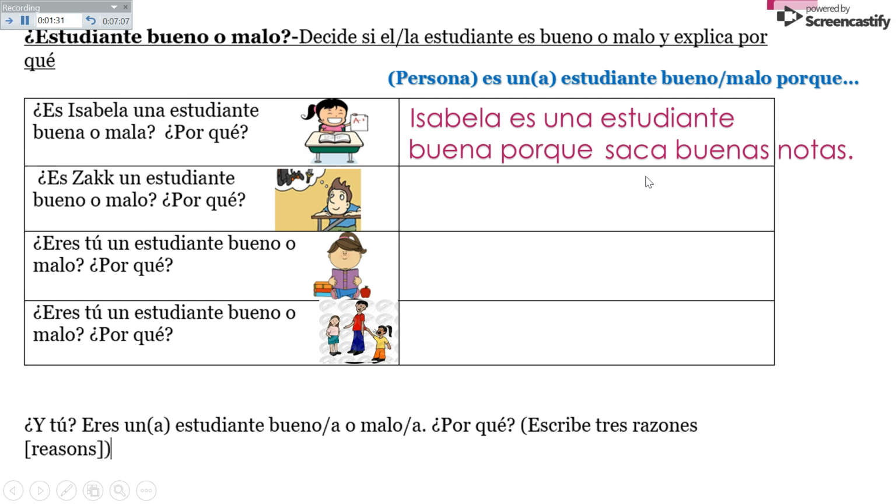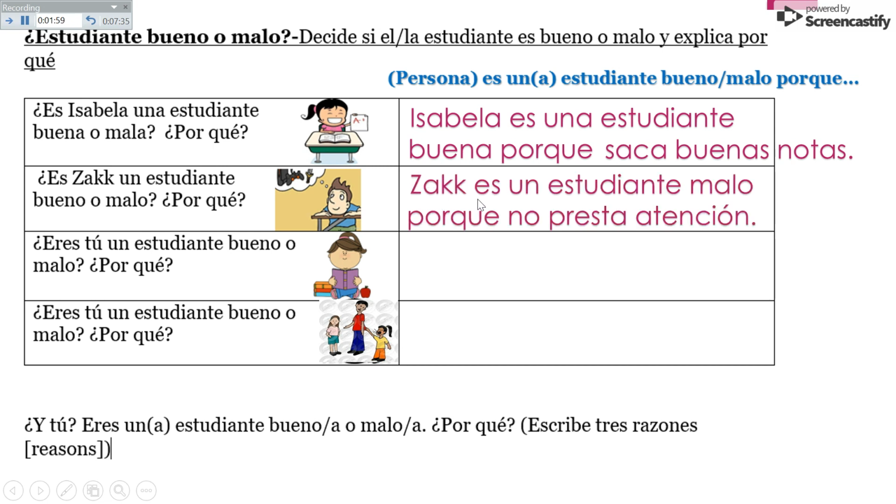All right, now for you to try an example on your own. "¿Es Zach un estudiante bueno o malo? ¿Por qué?" Looking at the picture, it seems like he's daydreaming about playing video games. Take a moment to write your response. All right.